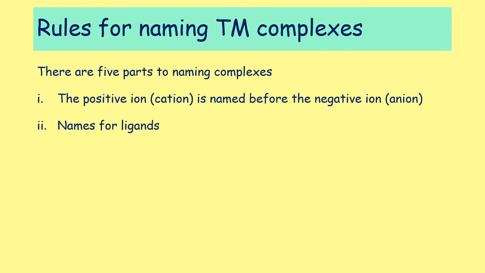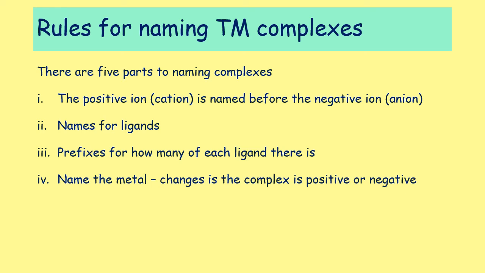So the second thing is, how do we name the ligands? And you will see that the ligands, their names change to denote that they are part of a complex. Then what we do is we use prefixes to describe how many of each ligand there are. So these are going to be your di, tri, tetra, etc. prefixes.